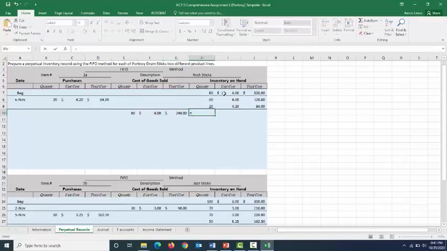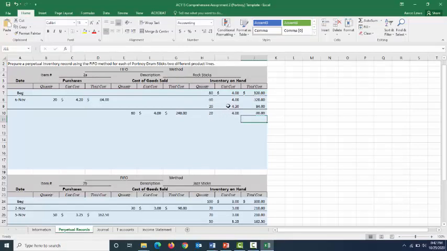We had 80 sticks, but we're selling 60 of them, which means now 80 minus 60, we've got 20 left. Those are, again, $4 sticks, and we can multiply that to figure out that we still have a total of $80 worth of 2A rock sticks that we had in beginning inventory.